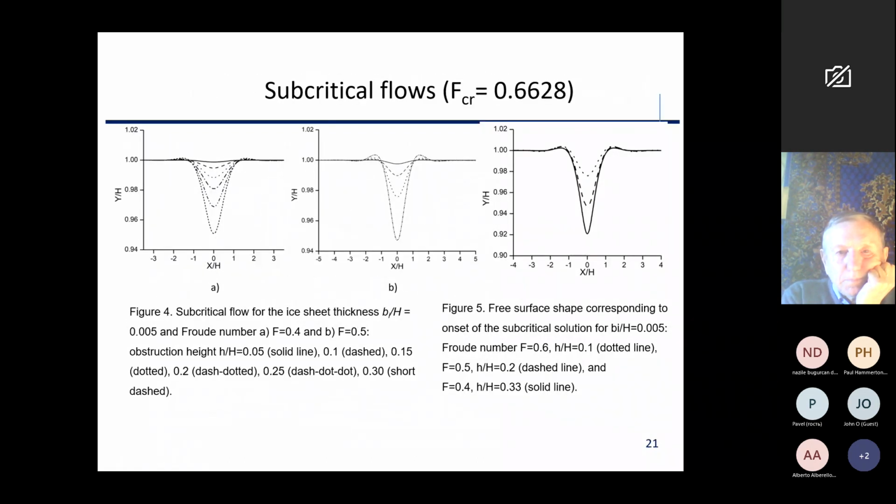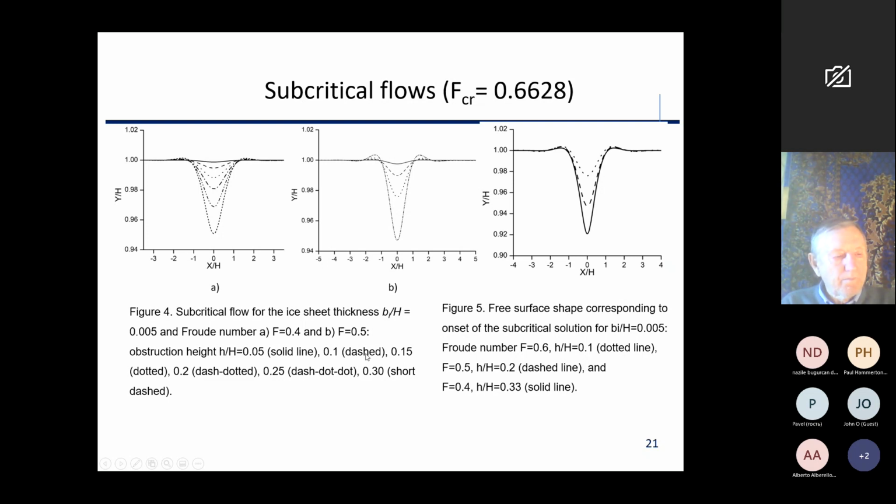Okay, this is for subcritical flows, Froude number 0.4, 0.5, and 0.6. What we can see is the effect of the height of the obstruction. The obstruction is chosen as a semicircle, as in Forbes and Schwarz.